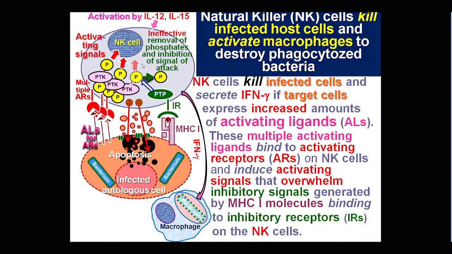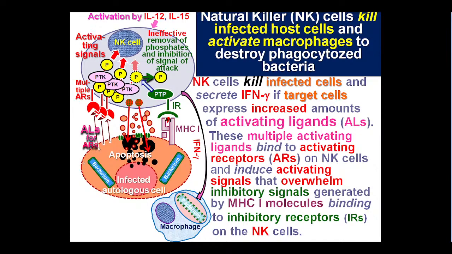You remember that natural killer cells are stimulated or non-stimulated due to the balance established between activating signals that activate attack of the natural killer to the target cell and inhibitory signals that are shown by the green elements. There are many activating signals that may be expressed on the surface of the infected cell.